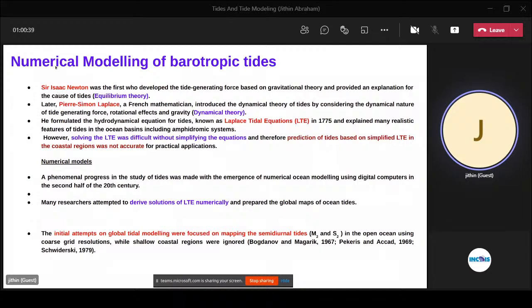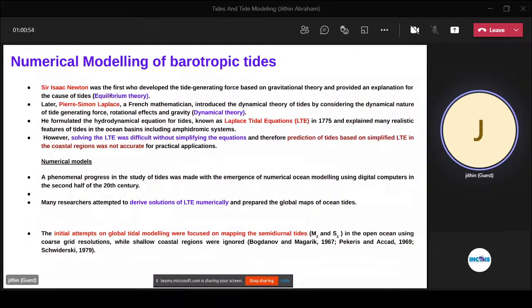Numerical modeling of barotropic tides comes with the development of computational power, digital computation.